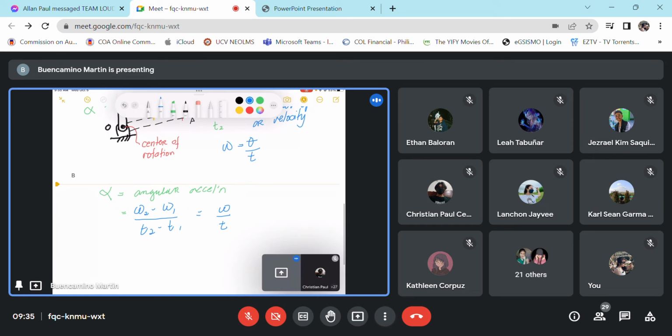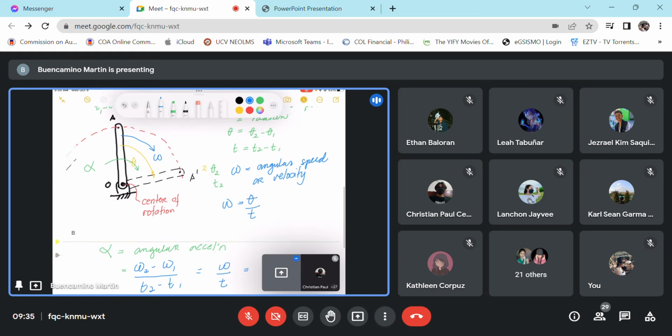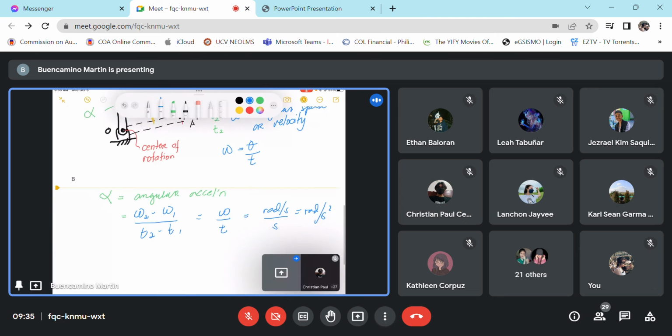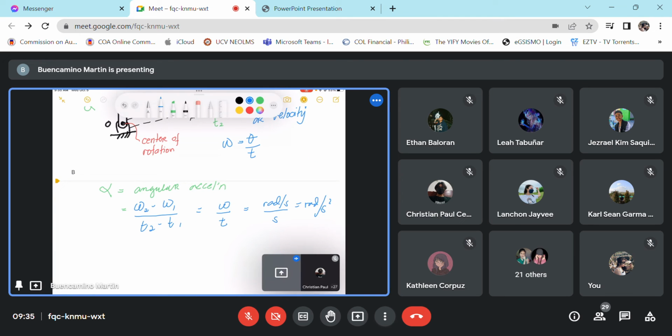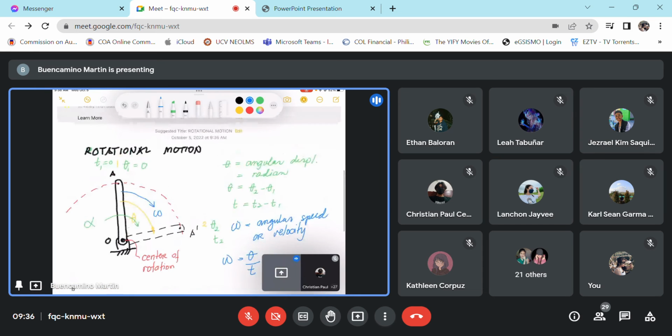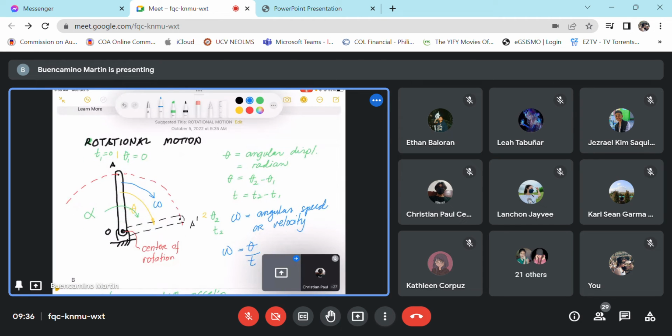And notice class that our unit in here for omega is radian per second divided by second, and that makes radian per second squared. Okay. So any question about the units class? Okay. So tandaan niyo yan: theta, omega, and alpha.